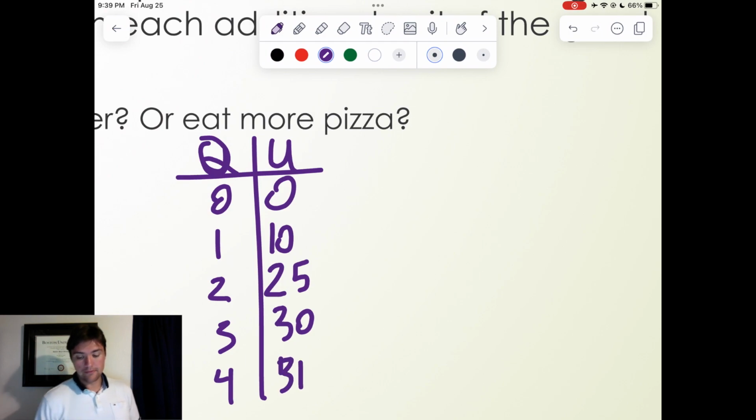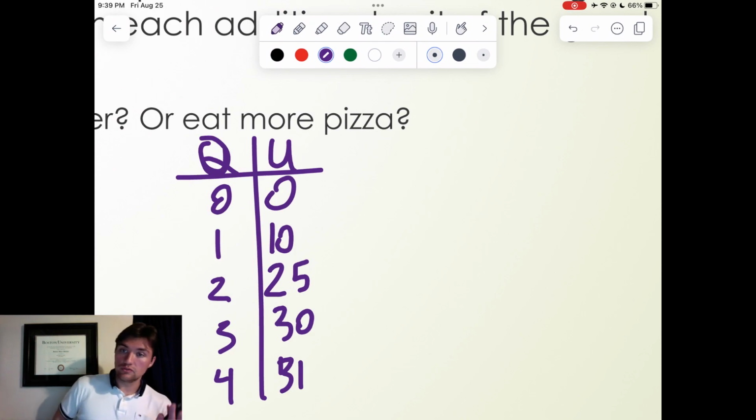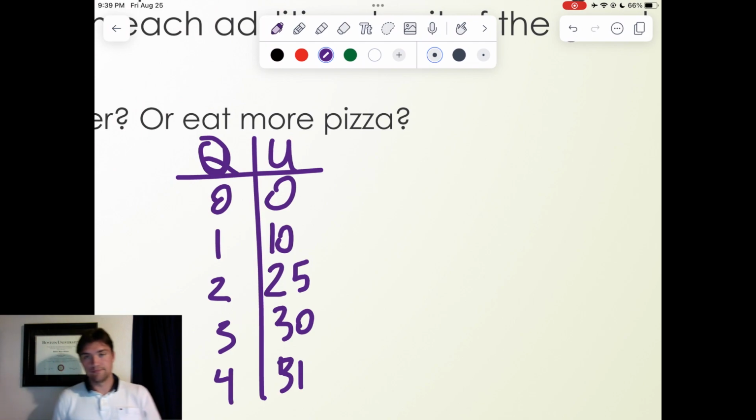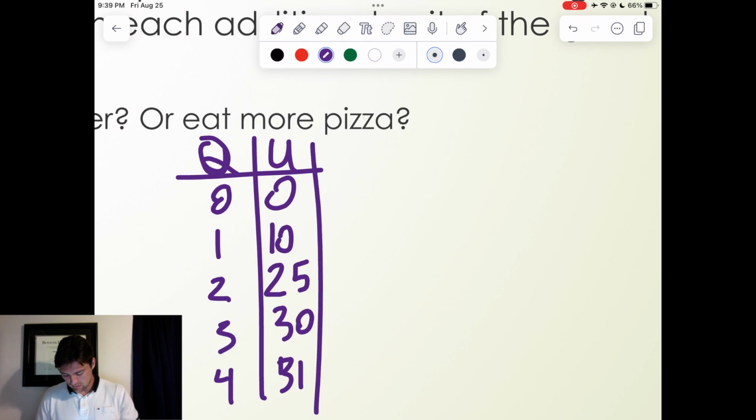Now, what is the marginal utility of the first slice of pizza? Look at where you started, which was 0. Look at where you are now, which is 10. What is the marginal? 10, right? Because I go from 0 to 10. So the marginal utility of the first one is 10.